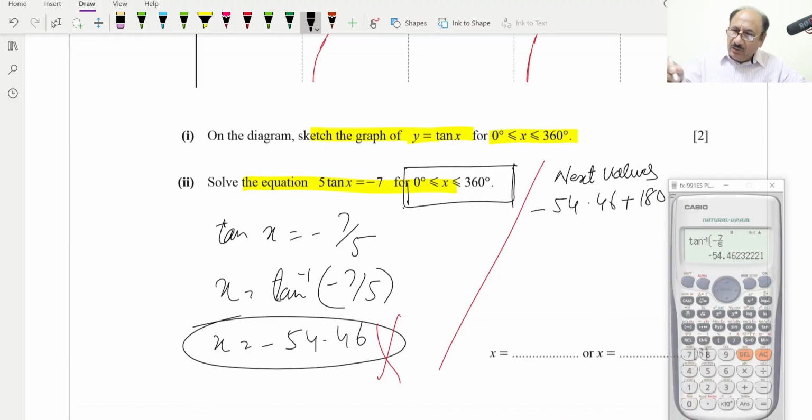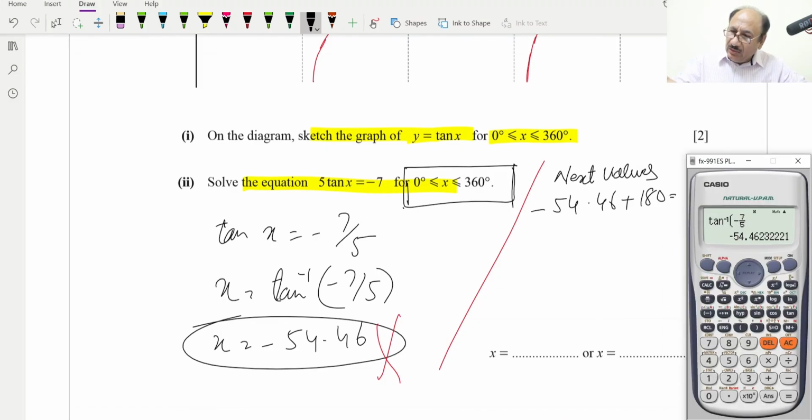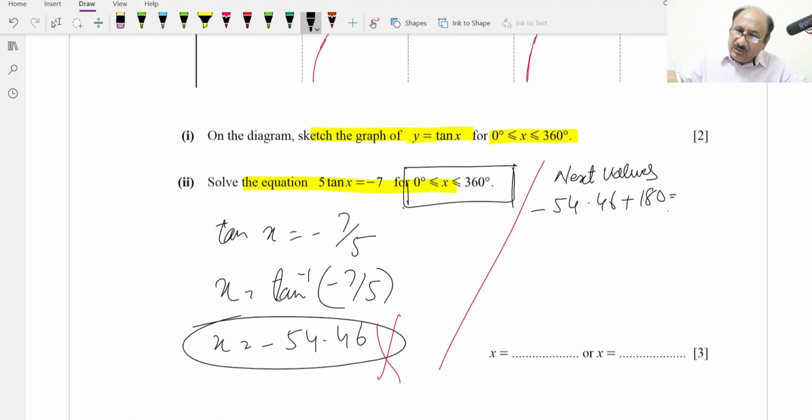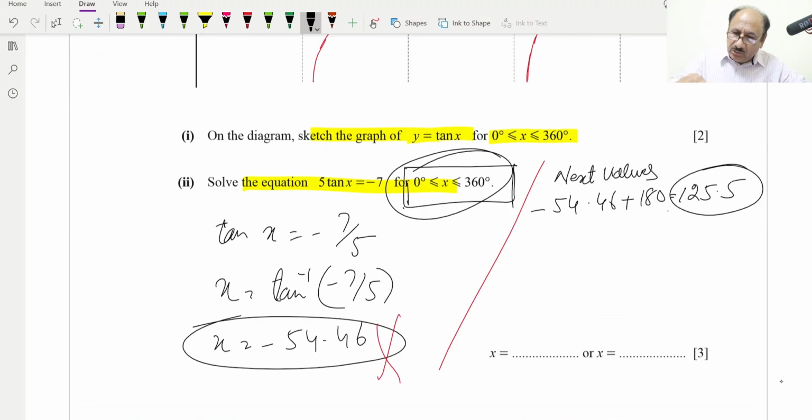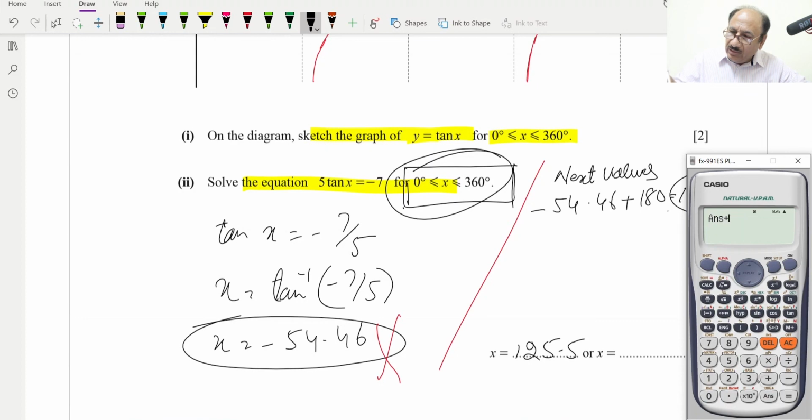Tan is repeating after 180, so this angle plus 180 will be equal to 125.5. So this value is within the provided range, so we can take 125.5, and further we can add 180 to it, and we will get 305.5.